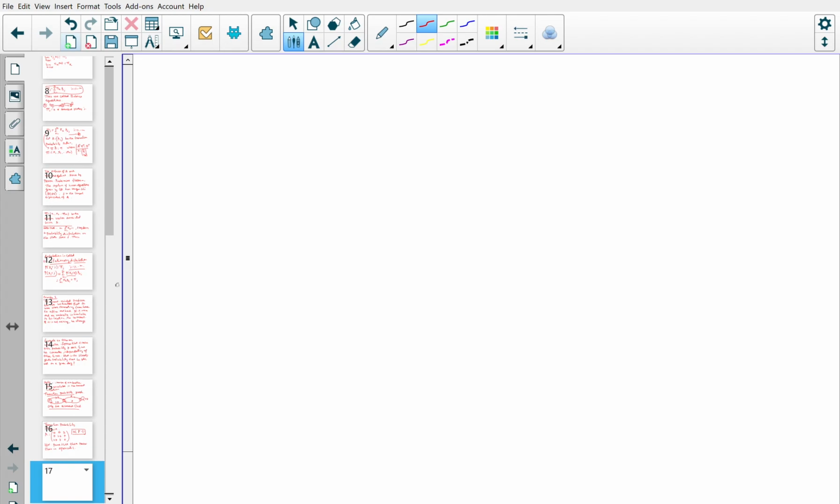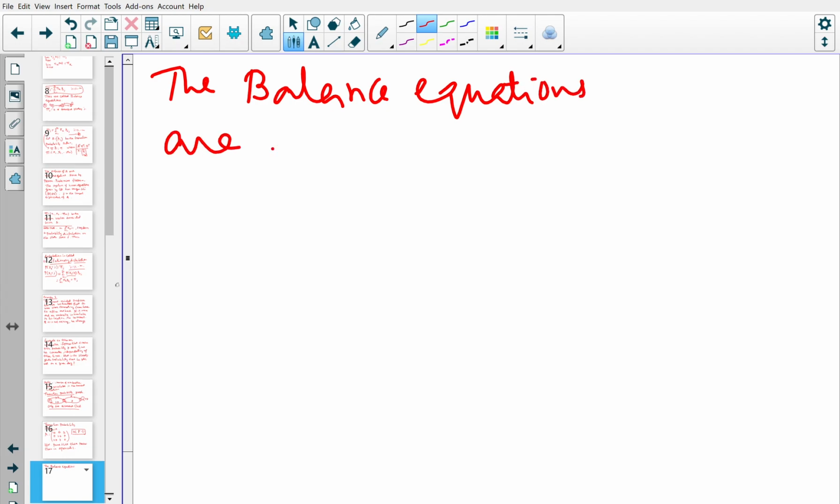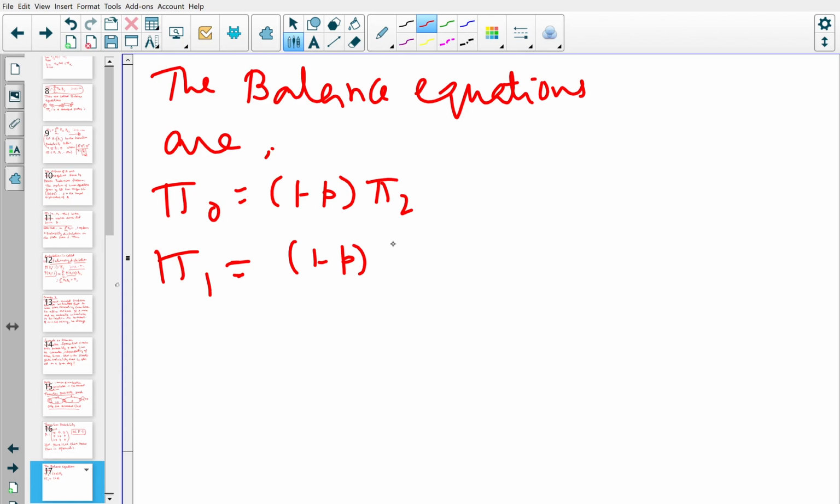You can use the balance equations. So what are the balance equations? The balance equations are: pi 0 equals 1 minus p times pi 2. Okay. Similarly, pi 1 equals 1 minus p times pi 1 plus p times pi 2.